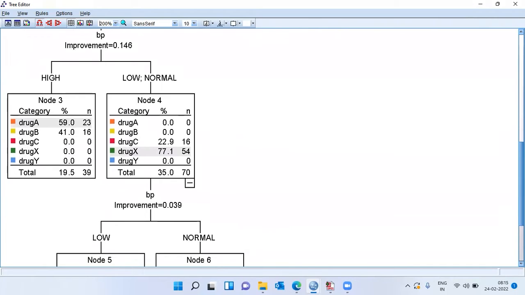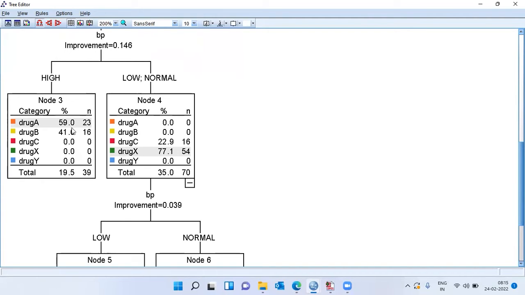Now, when you scroll down, you see 2 classes here. Either the BP level is high or it is not high. Let us first study sodium to potassium ratio less than 15 and the BP level being high.